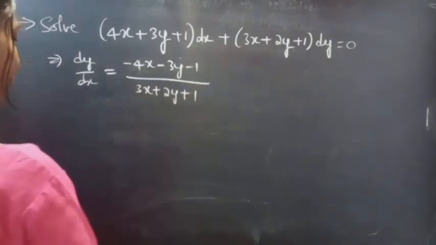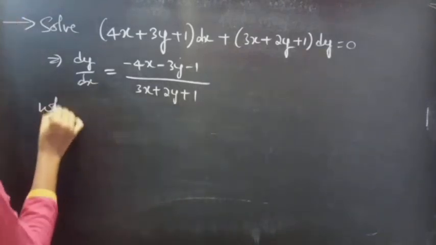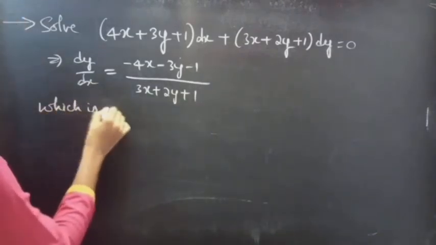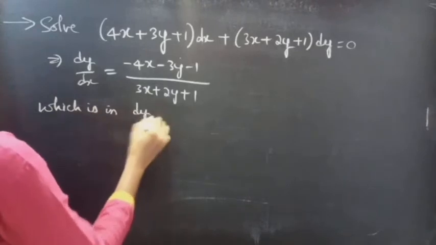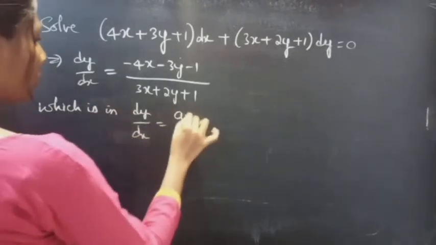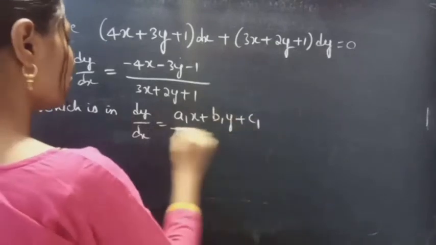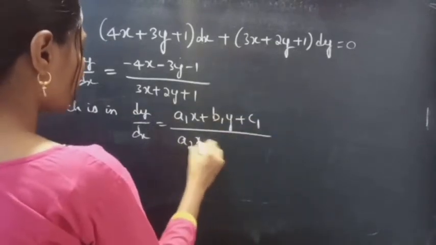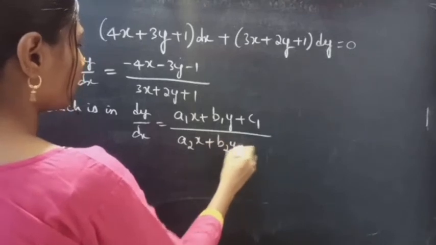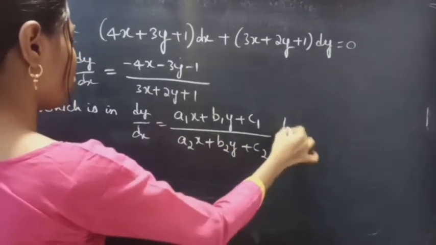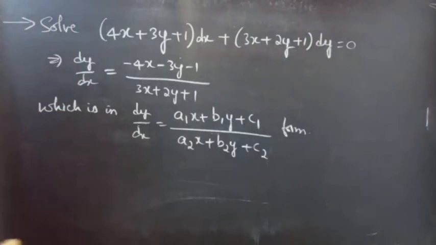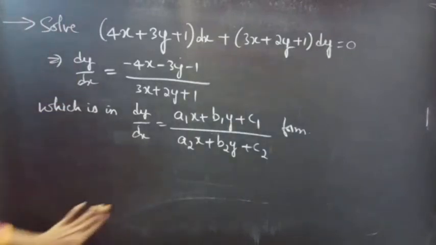which is in dy by dx equals (a1x + b1y + c1) by (a2x + b2y + c2) form, which is non-homogeneous form, right?